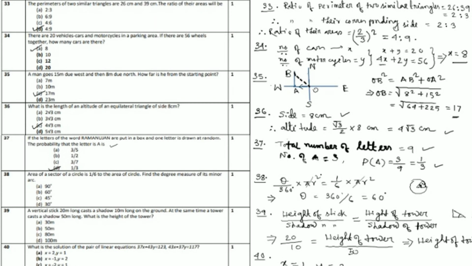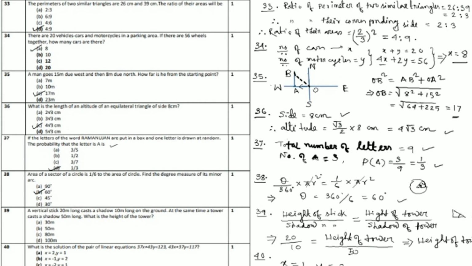So theta divided by 360 degrees into pi r square is equal to, here it is given the area of the sector of the circle is 1/6 of the area, so it will be 1/6 of the area. So these two are equal. From this equation we get theta, we cross out pi r square from both sides, so theta will be 360 degrees by 6, so it will be 60 degrees. And which option will be right? It will be option B.